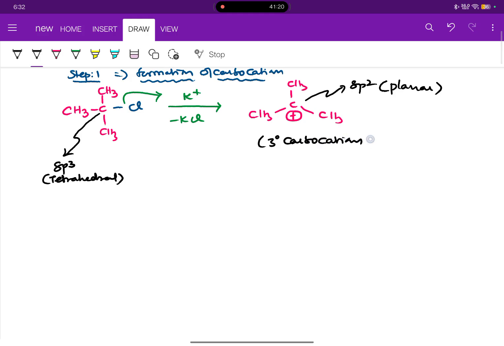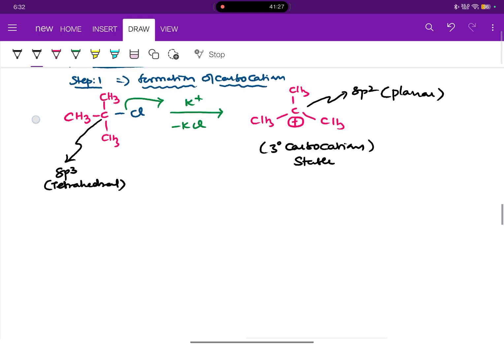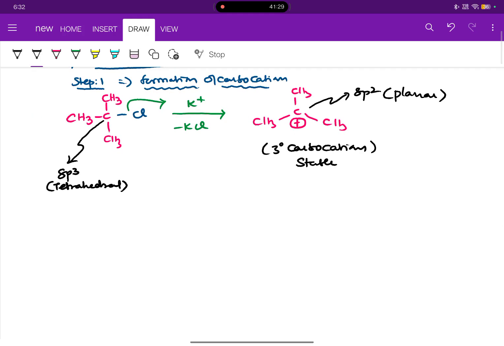Yes, sir. Why are tertiary carbocations stable? Sir, because they are planar. Will they say it that easily? Because methyl is an electron releasing group, isn't it? Methyl is an electron releasing group. So electron releasing leads to the plus I effect.